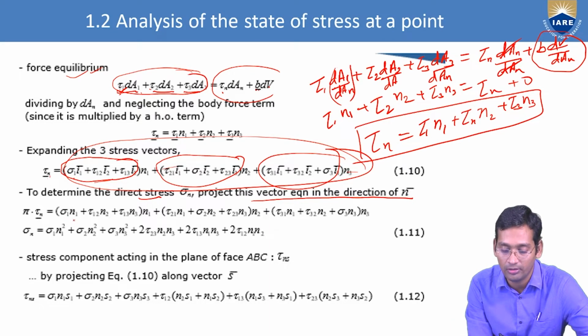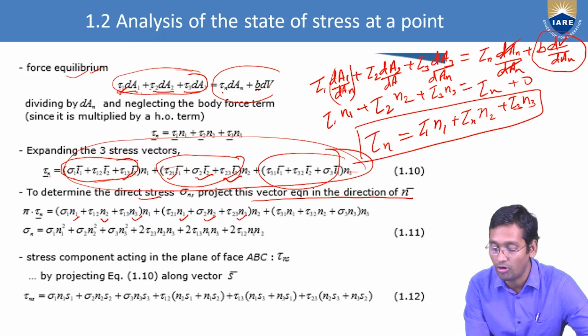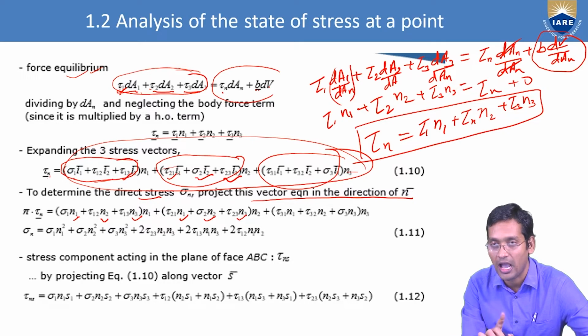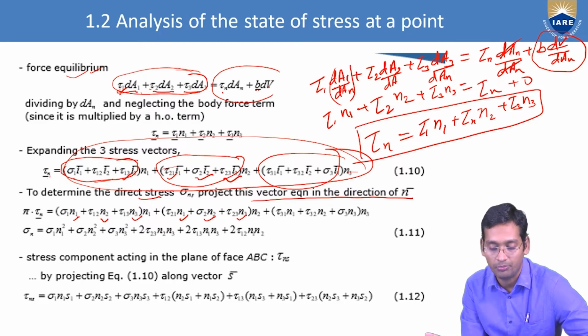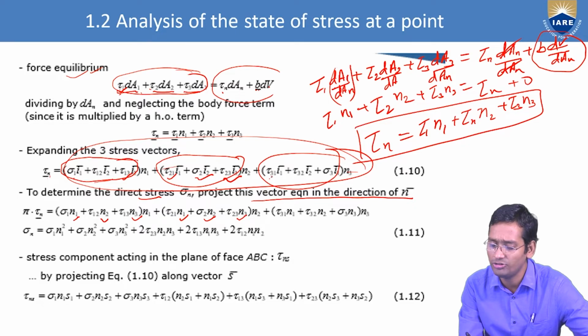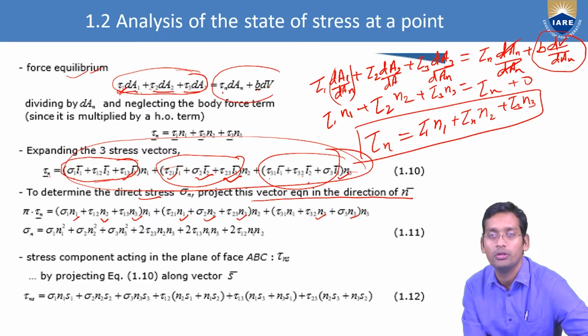So now sigma 1 n1, tau 12 n2, tau 13 n3. Similarly tau 21 n1, sigma 2 n2, and then tau 23 n3. So all just shifted from the i to the n plane. Similarly tau 31 n1, tau 32 n2, and sigma 3 n3. So all is projected to the n plane.